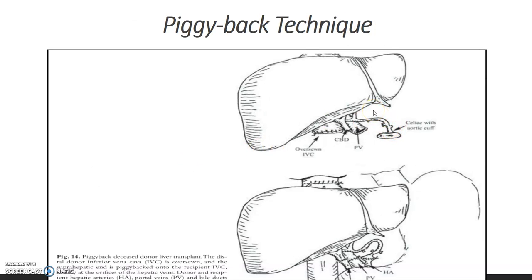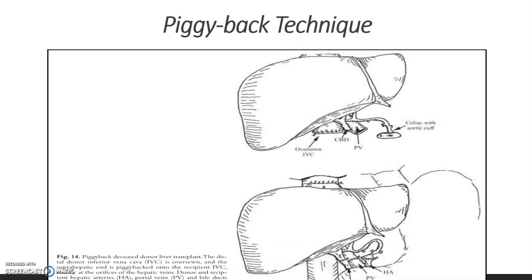In case of piggyback technique, the recipient hepatectomy is performed without IVC resection, and the anastomosis performed in this procedure are a suprahepatic IVC to hepatic veins, no infrahepatic IVC anastomosis, a portal vein to portal vein anastomosis, a similar hepatic artery to common hepatic artery or GDA confluence anastomosis, and a bile duct to bile duct anastomosis.